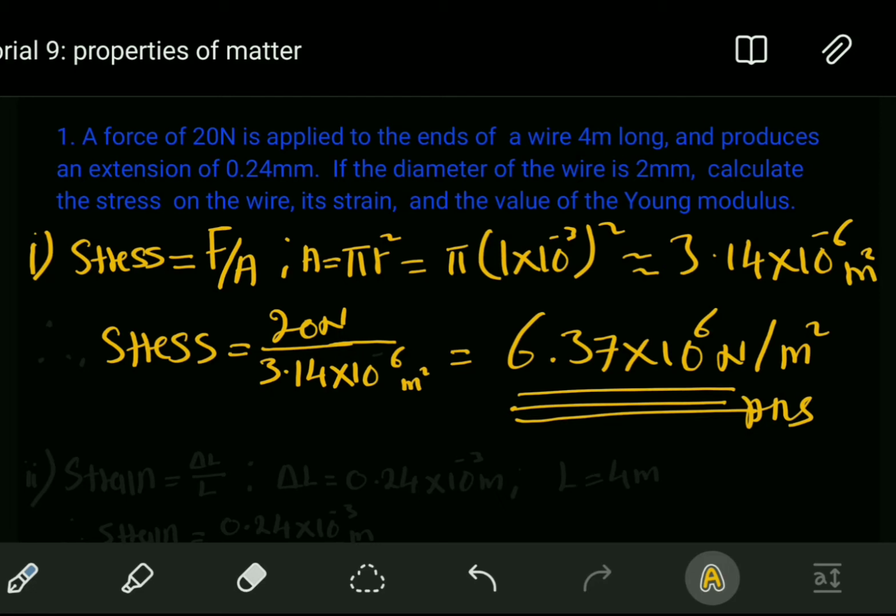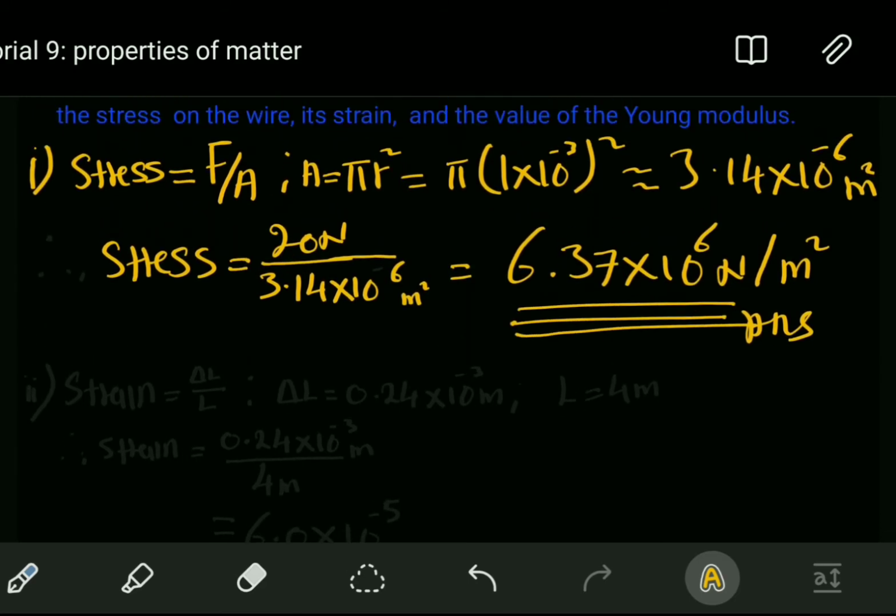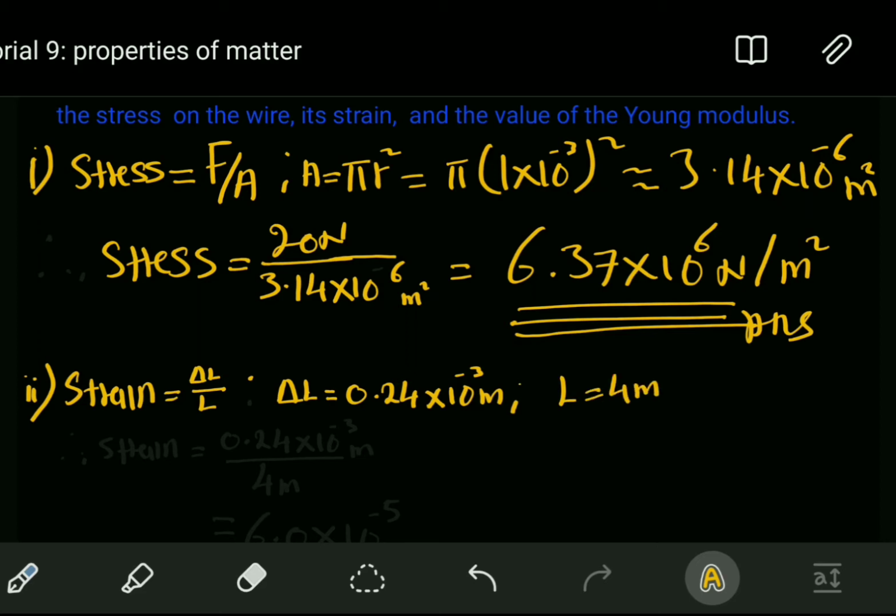So now we go ahead to finding the strain. We know that strain is given as the extension over the original length. The extension is 0.24 millimeters, and we convert that to meters, giving us 0.24 times 10 to the minus 3 meters, and the length was given as 4 meters.